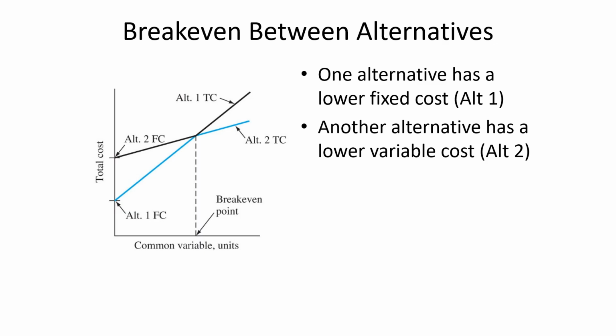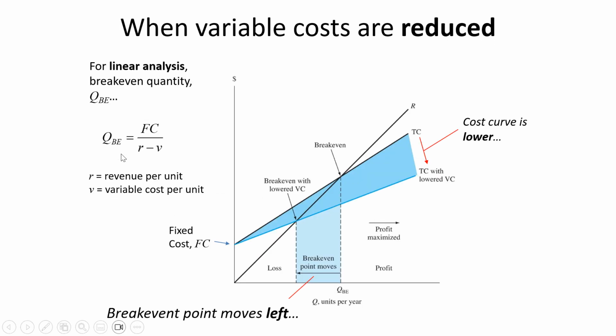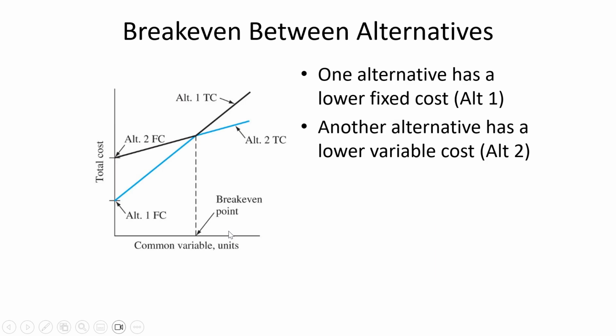What we're looking at here is two different cost curves. The previous slide had one revenue curve and a single cost curve that was subsequently lowered. This figure doesn't have a revenue curve. It's just two different cost curves, but with the same axes. On the horizontal axis, we have volume of production.